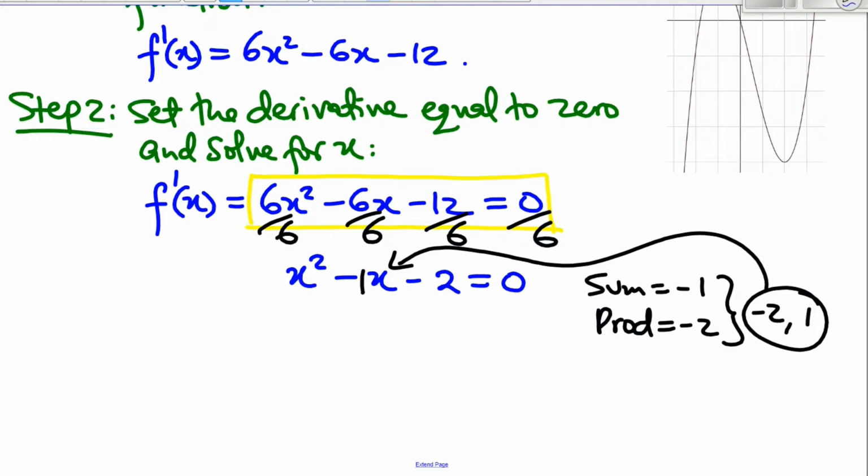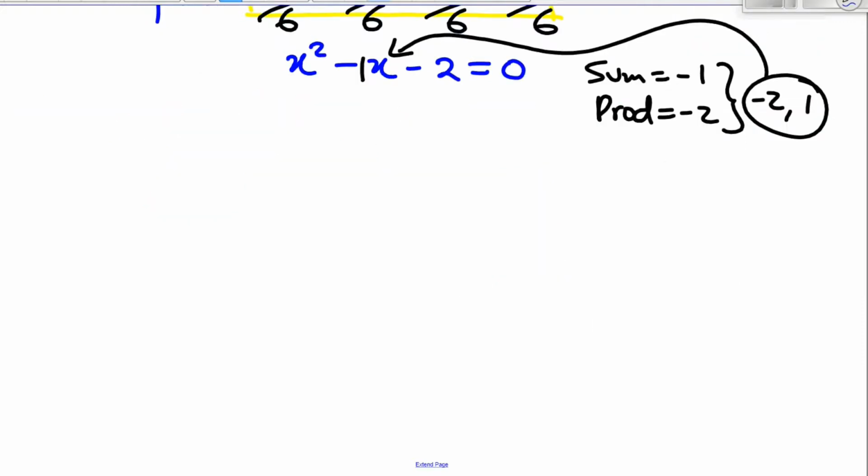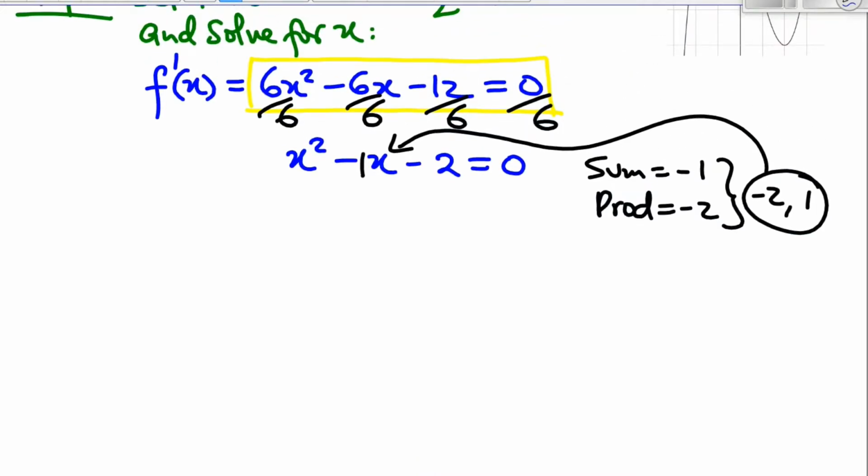What I shall end up with is x squared minus 2x plus x minus 2 equals 0. Remember the goal is to factorize.